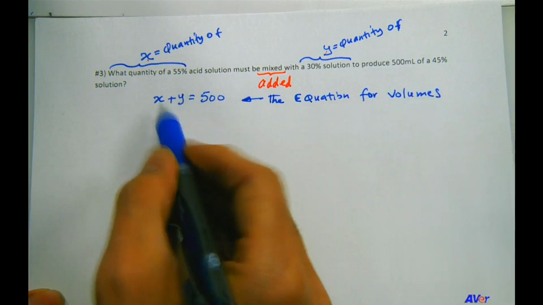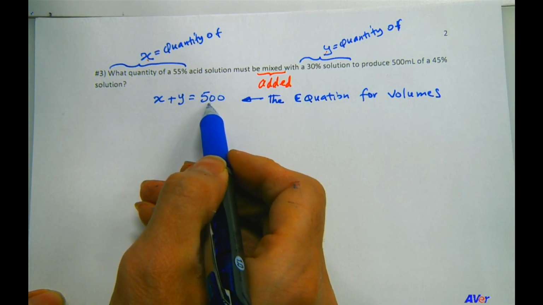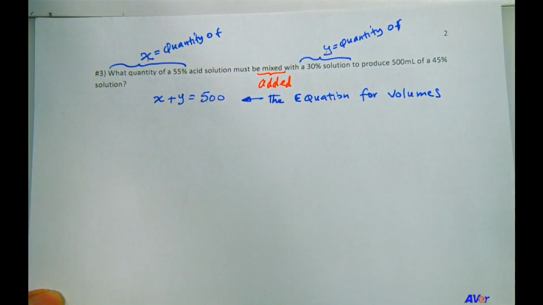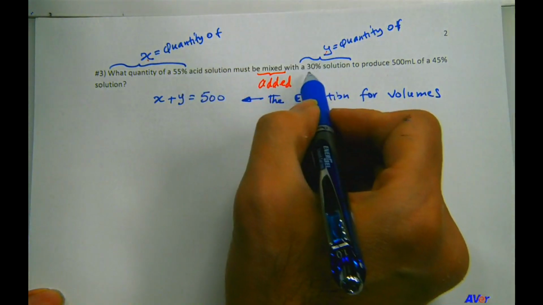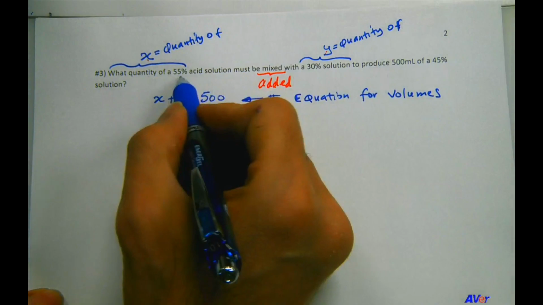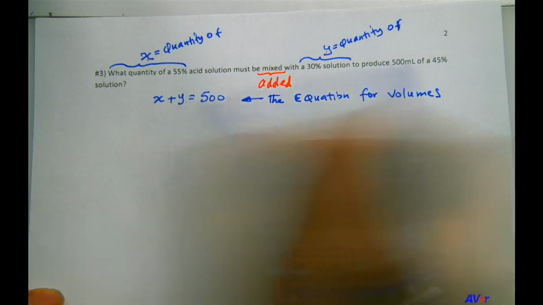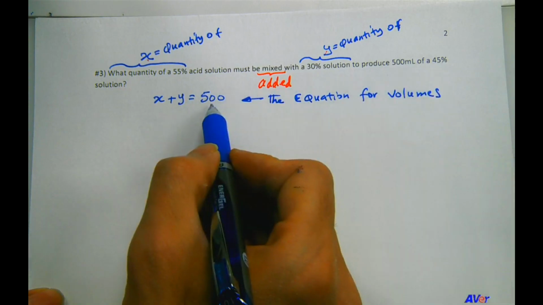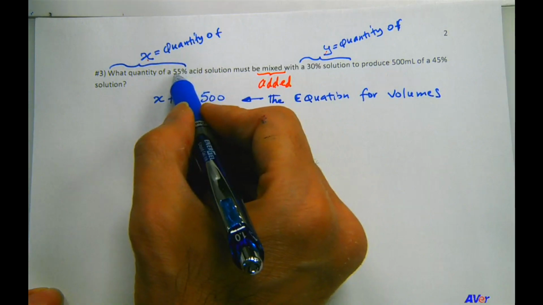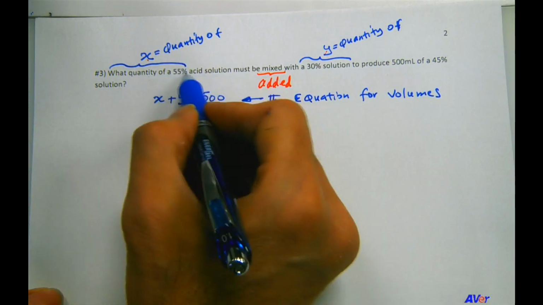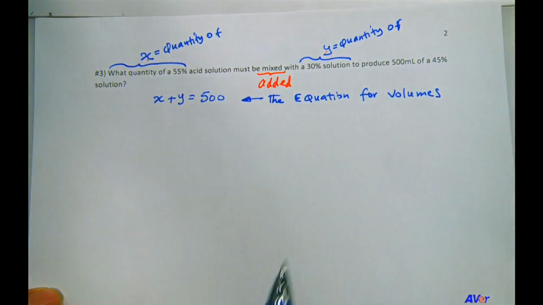We know that the volume of X plus volume of Y should add up to 500 milliliters. Okay, milliliters. Now, but we have another thing going on here. We have the 55%, where is that? We have the 30%, where is that? We have a 45%, where is that? This equation doesn't make use of the concentrations of the acid. Okay, so we need to capture that information in what we're doing.